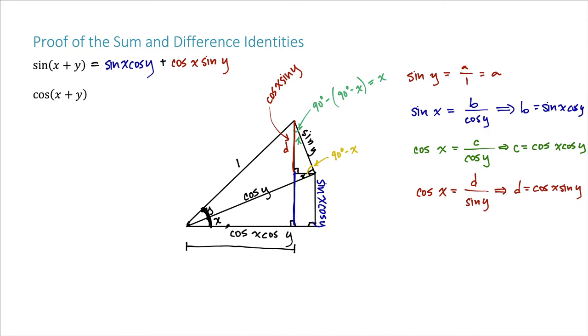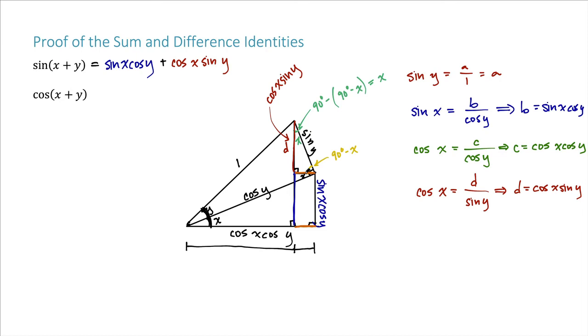And notice that we have this full length, cosine x cosine y. And so if I take that full length and subtract off this smaller length right there, I will get that length that I'm looking for. Well, that smaller length right there, notice that that is this length here, which is the same as that length right there.